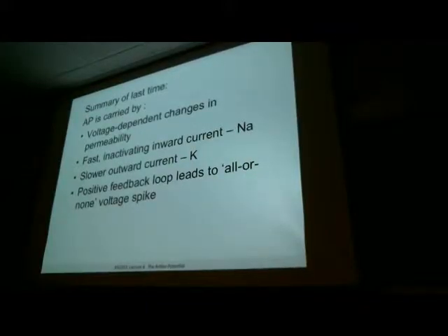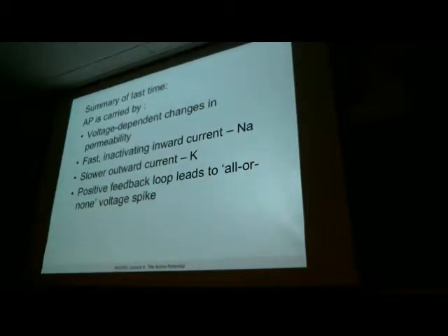Last lecture we talked about the action potential, the ionic basis of the action potential. We found that it was based on voltage-dependent changes in permeability, where you shift from being permeable to potassium to being very permeable to sodium. The voltage tries to meet that sodium equilibrium potential, and you get a spike.